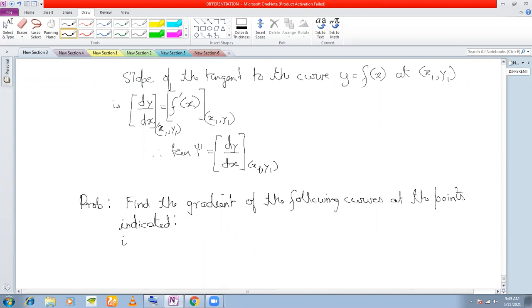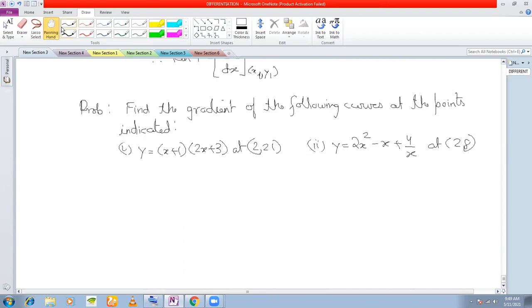First one is y is equal to (x plus 1) into (2x plus 3). You need to find the slope at (2, 21). And the second one is y is equal to 2x square minus x plus 4 by x, at the point (2, 8). This is what is given.